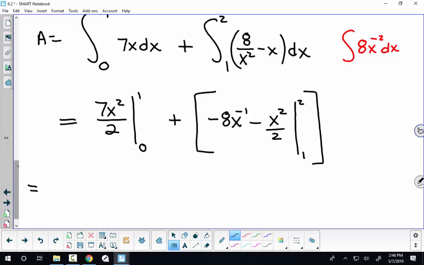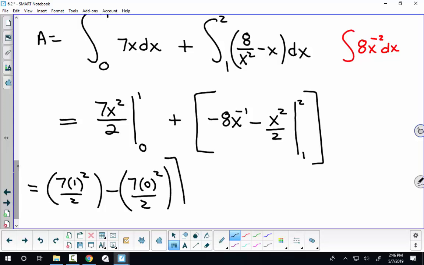So we have, I'll just write this out. This is 7 times 1 squared over 2 minus 7 times 0 squared over 2 for the first one, plus, so get all of this in here.